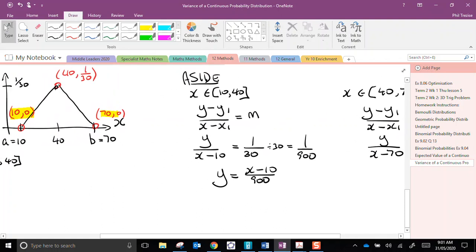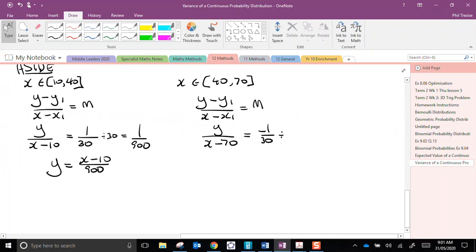And what's the run? 40 to 70 is a run of 30, so divide that by 30. I have negative 1 over 900 as the gradient. So y is, by the time I multiply by negative 1, 70 minus x over 900. And that's a nice convenient way to write the equation of that line.